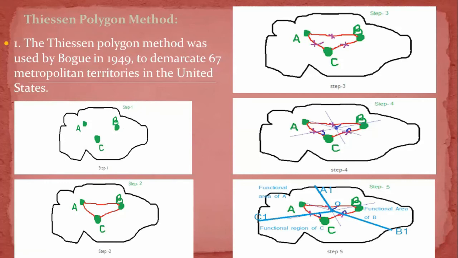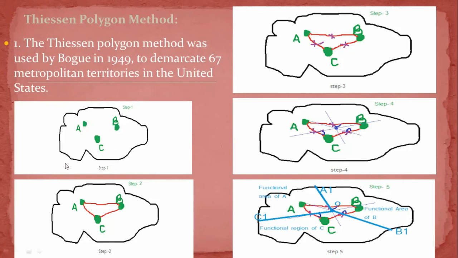For finding out the functional areas, first of all we need to find out what the various nodes are. In easy language, these are the various cities or towns in that region, because a functional region generally develops around a main city.